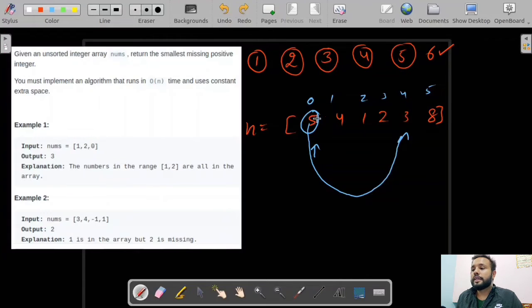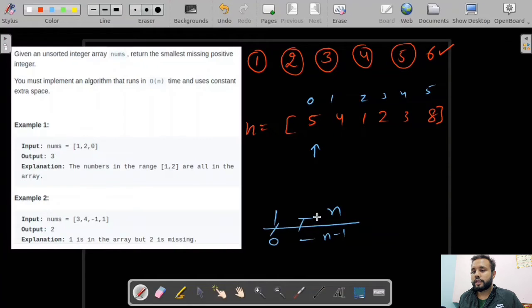It means index 4, because we just saw that numbers 1 to n will be on indexes 0 to n minus 1, and they are directly related. Number 1 will be at index 0, number 2 at index 1, number 3 at index 2. So let's try to solve it.